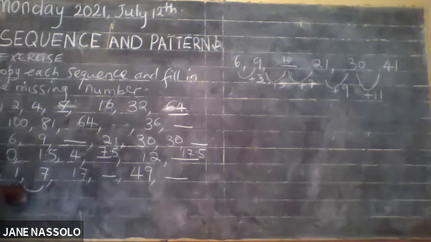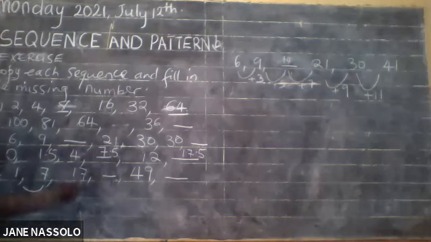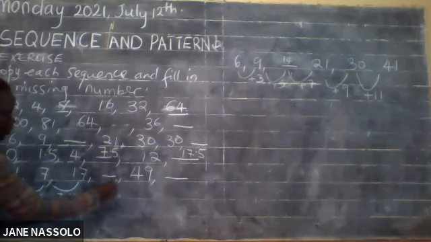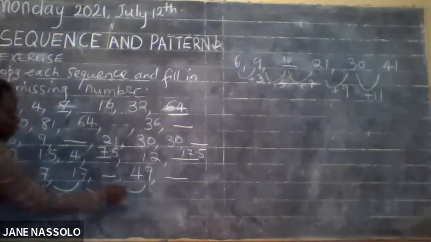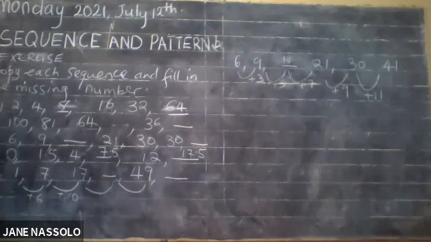So here we have added a 6, probably. Here we have added a 10. Then I don't know what we are going to add. I think 15.